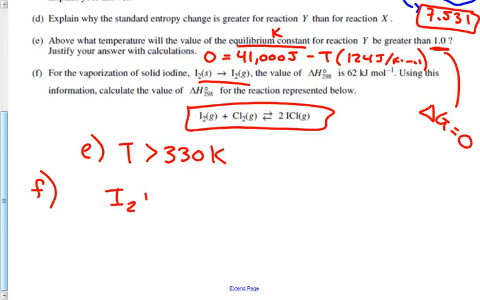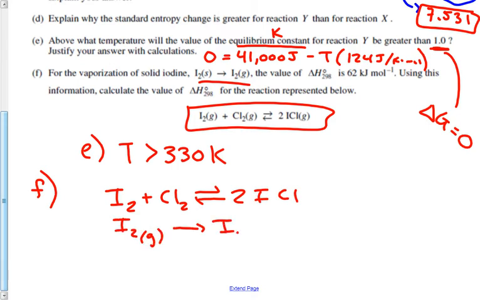If you flip and do all the things you're supposed to do, by doing that, I flip this one. I will get this equation. And I had to double this.